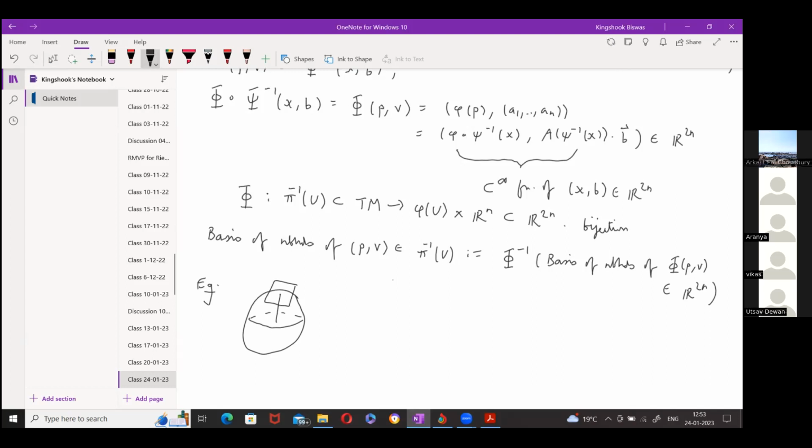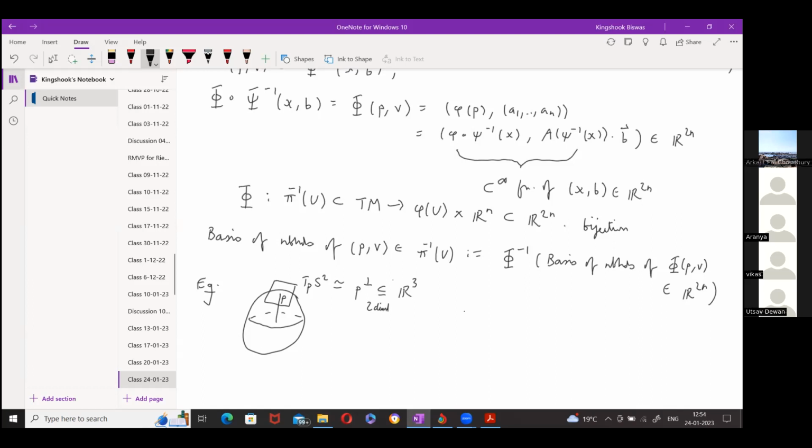If I take a point P on S^2, this tangent plane to the sphere at this point is nothing but the orthogonal complement of P. You know that the radius vector is perpendicular to the sphere at each point. So you can identify this with P perp sitting inside R^3, a two-dimensional subspace of R^3. Is that clear?